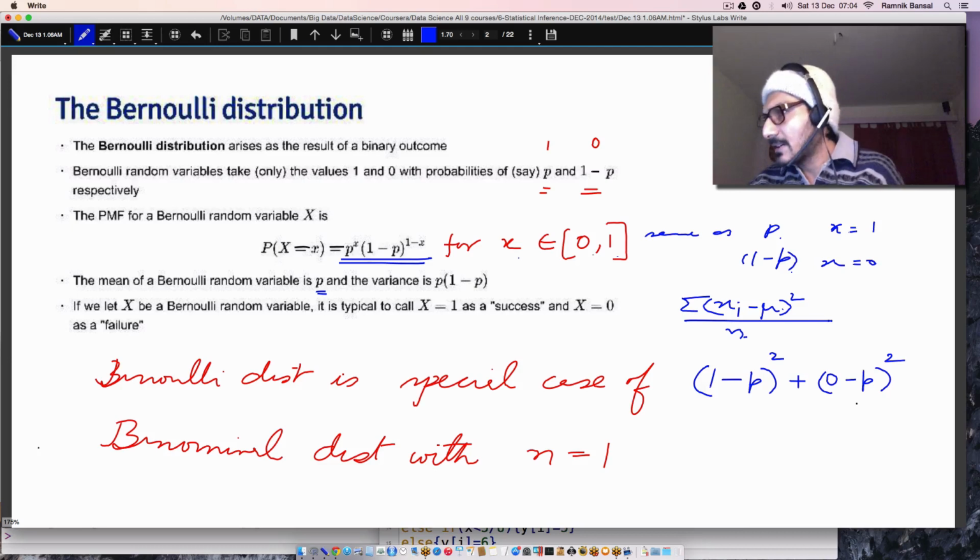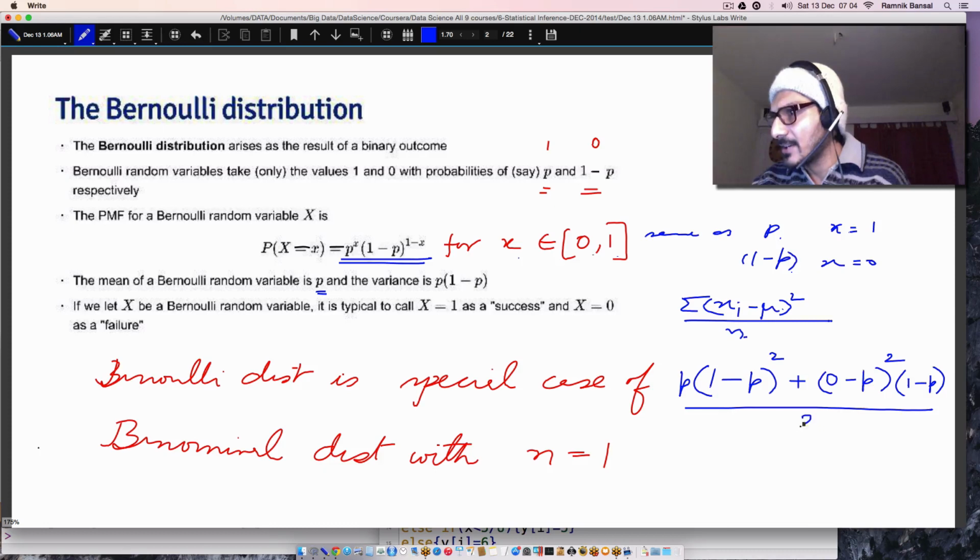Is this correct? Are we making any mistake somewhere? And then we multiply it by the probability. This will get multiplied by p, and this will get multiplied by 1 minus p. And this whole thing gets divided by 2.